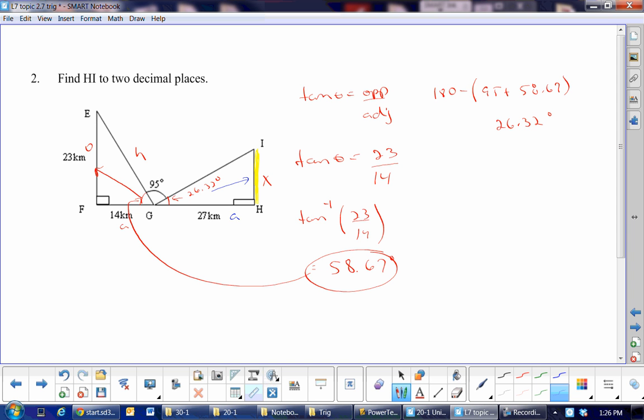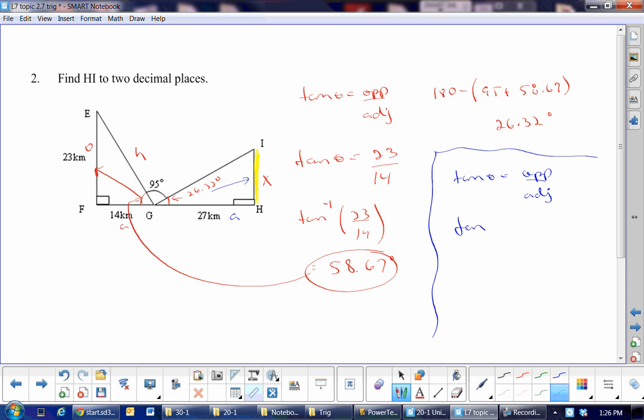That would be adjacent. And the hypotenuse I don't care about. So I will use tan again. Okay, so let's just kind of, for a second, I will go tan theta equals opposite over adjacent.